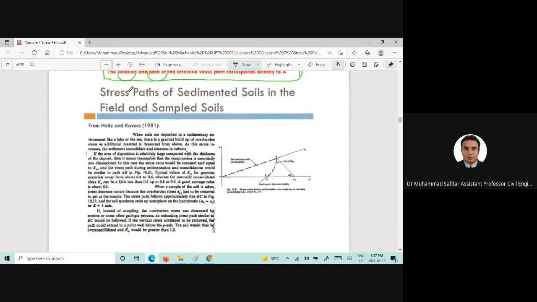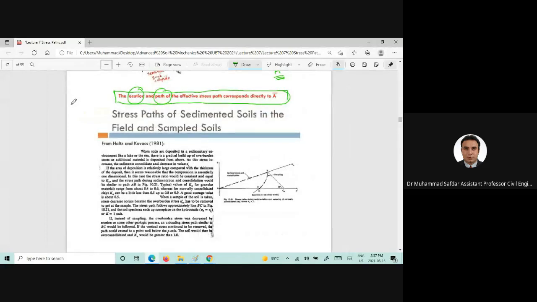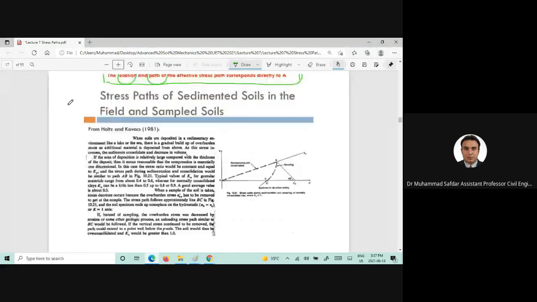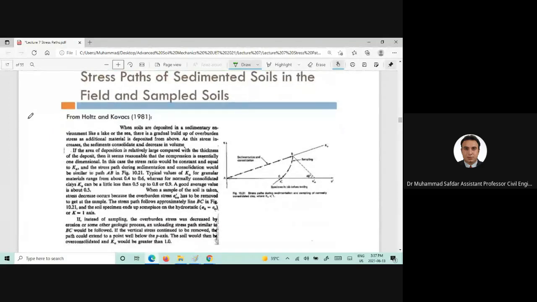Now, we will discuss a practical example showing how the stress path the soil is following. I don't know if you can read from that slide. So stress path of sedimented soils in the field and sampled soils.